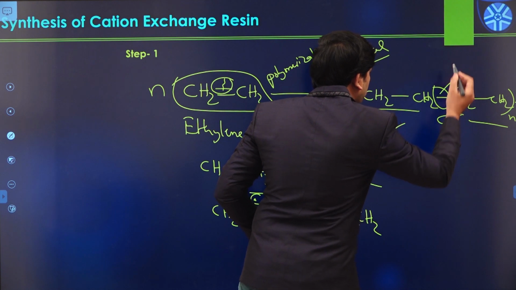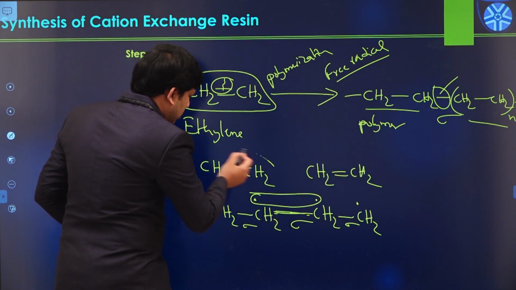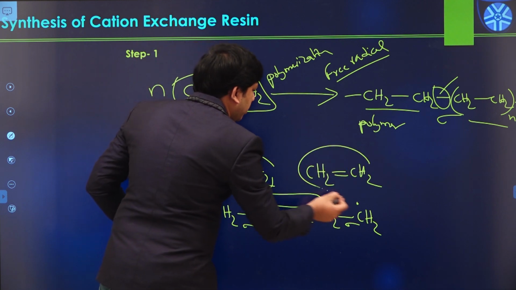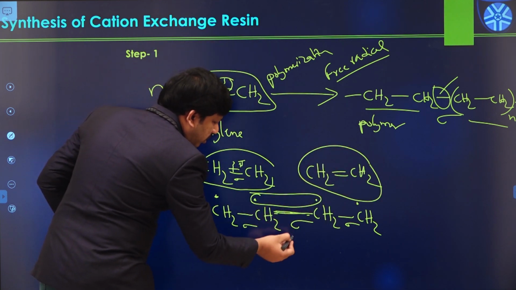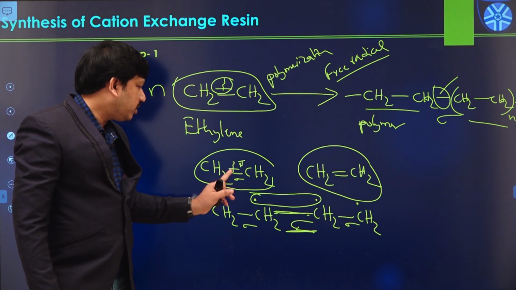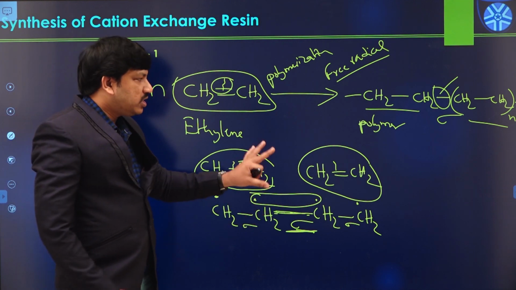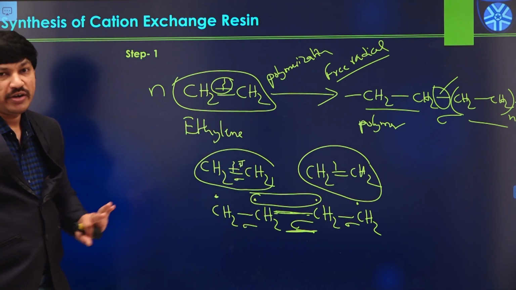Yes or not? So this is the first monomer, this is the second monomer. Now you can see here there is a new bond between them. At the same time, there is a cleavage of this pi bond as well as this pi bond. So this is actually happening in the case of unsaturated compounds.